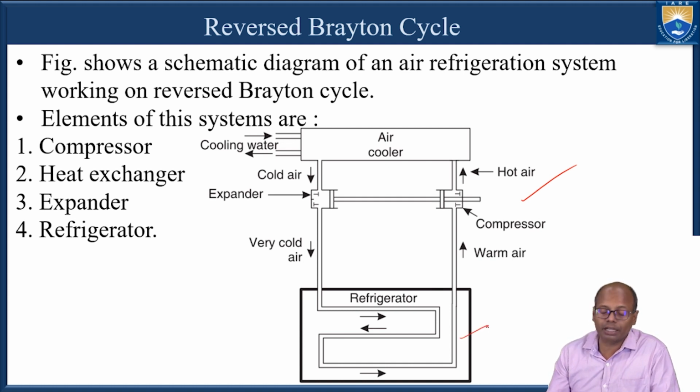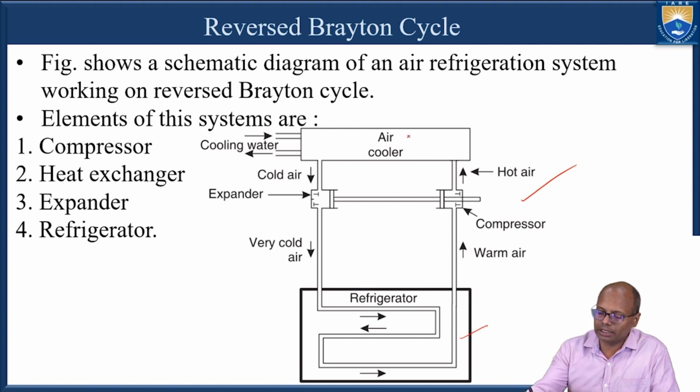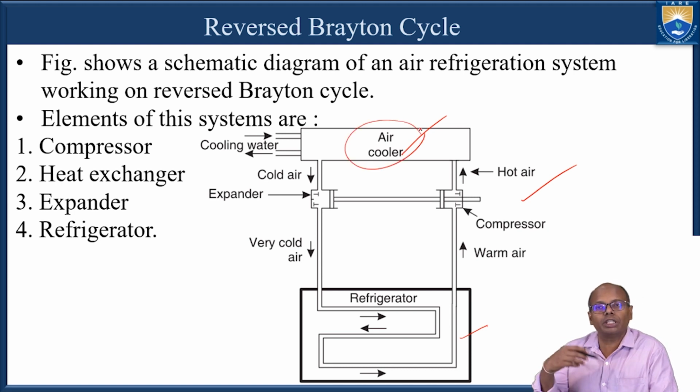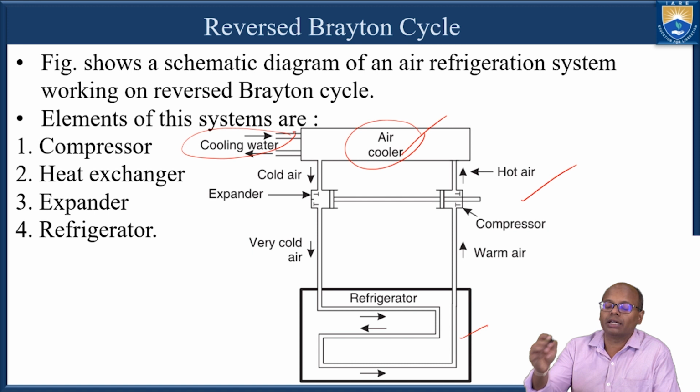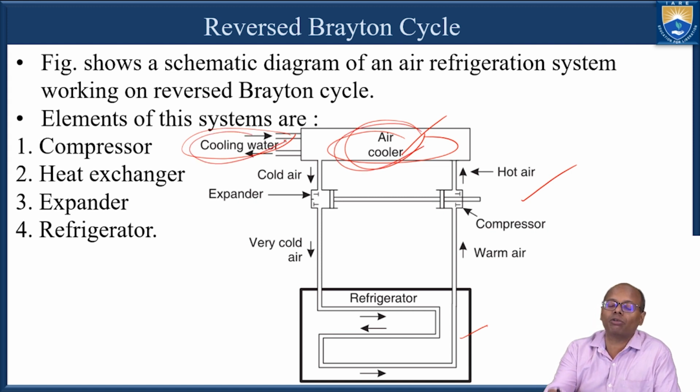And here this is the refrigerator, or low temperature heat absorption process, and this is the air cooler, where instead of directly giving this heat to the air from the heat exchanger, we are cooling this hot air by cooling water.